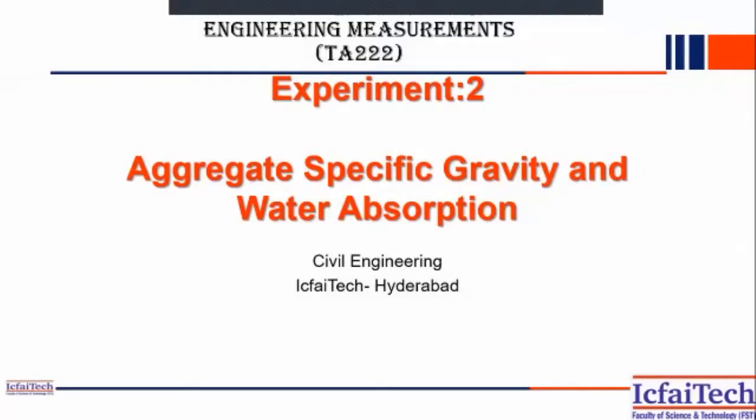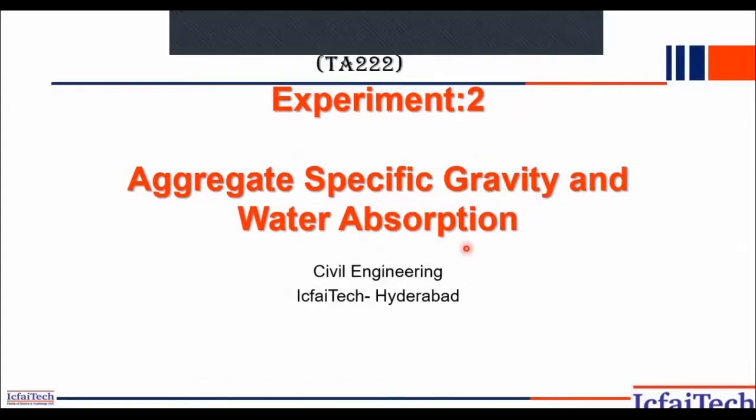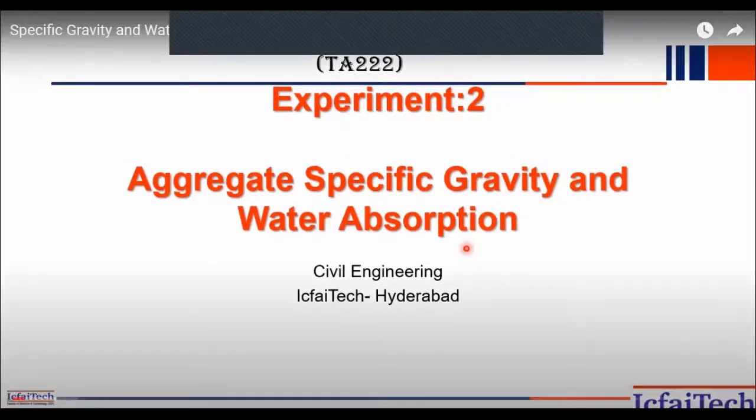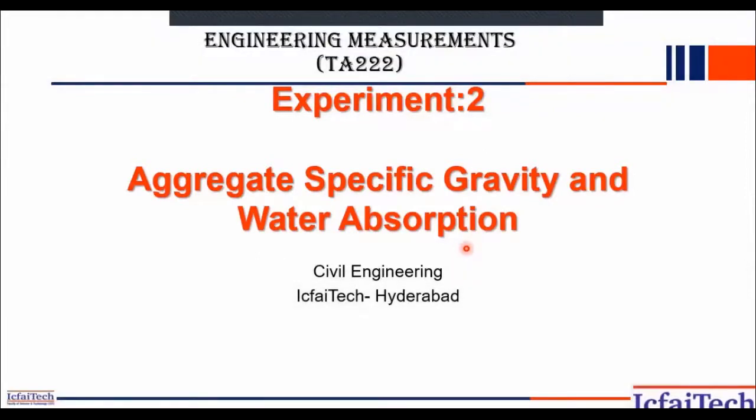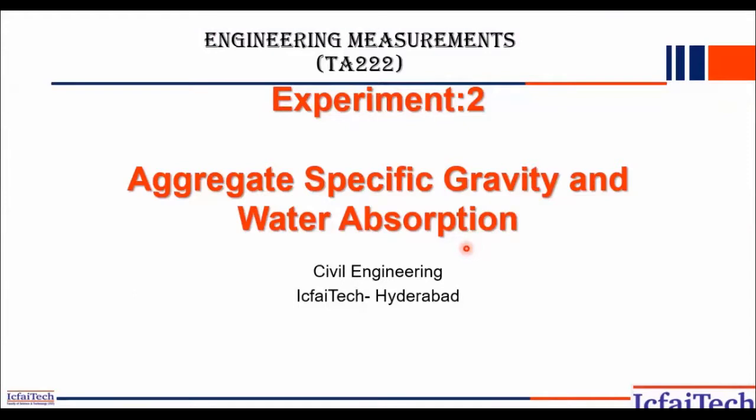Welcome to engineering measurements class. In the last experiment, we performed the aggregate shape test. In this experiment, we will be performing the aggregate specific gravity and water absorption. As we discussed in our last lectures, for civil engineering constructions, we use aggregates extensively, either in concrete beams or concrete columns or concrete slabs.